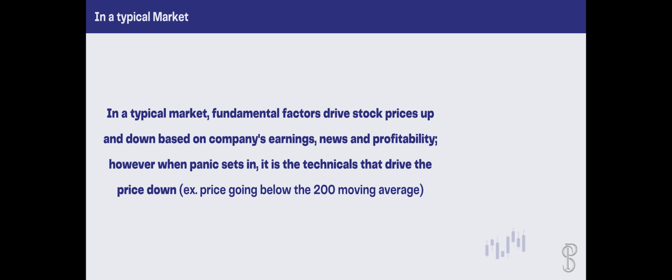For example, if the price goes below the 200 moving average, you'll see a sharp decline in the price, even though the fundamentals wouldn't make you feel that it's a weak performing stock. But just because the technicals broke through the 200 moving average, you will see a very sharp decline. So that's something to keep in mind when you are analyzing the two to make a better decision.